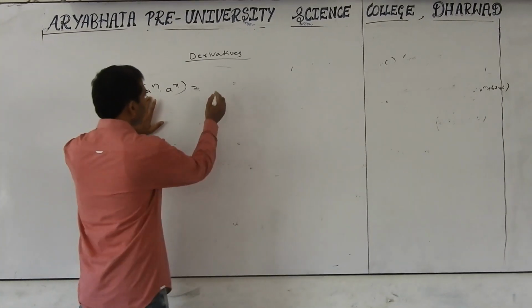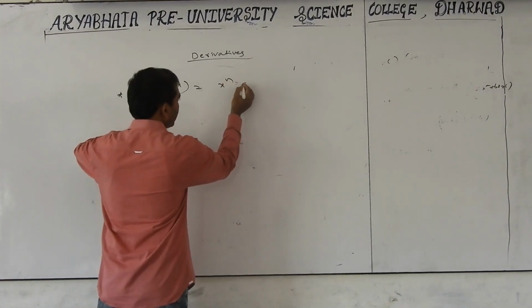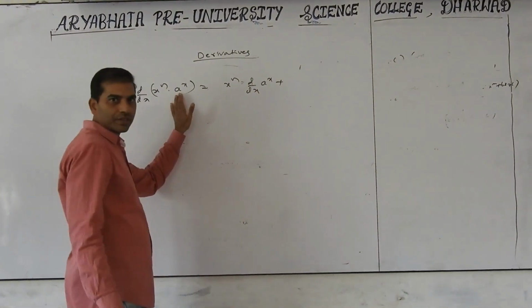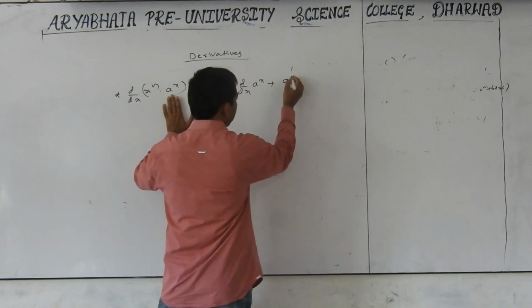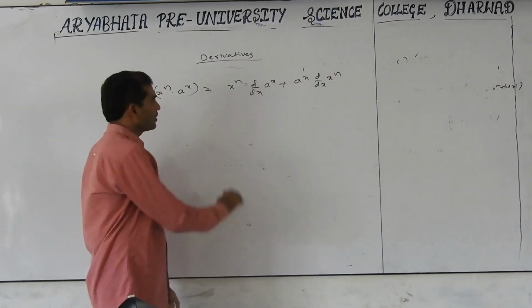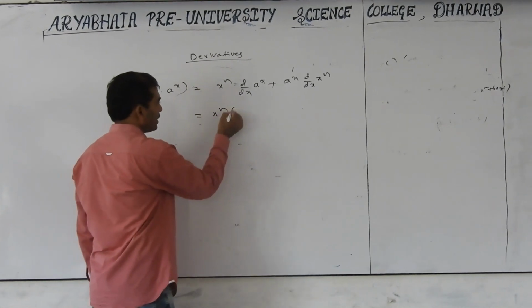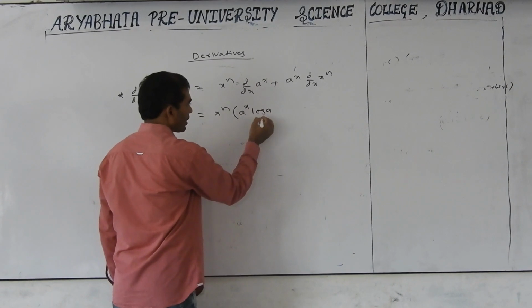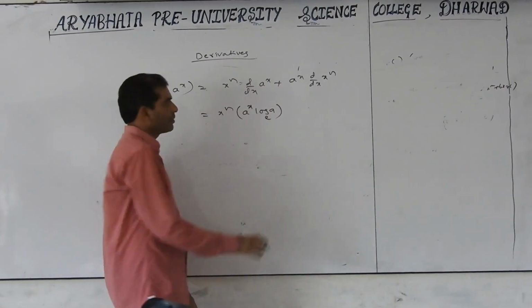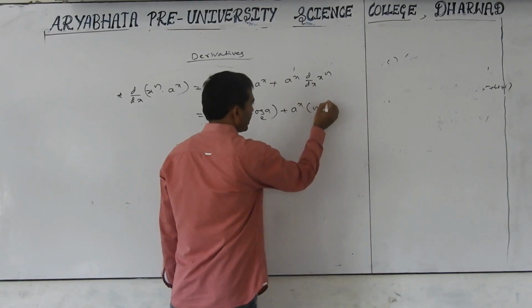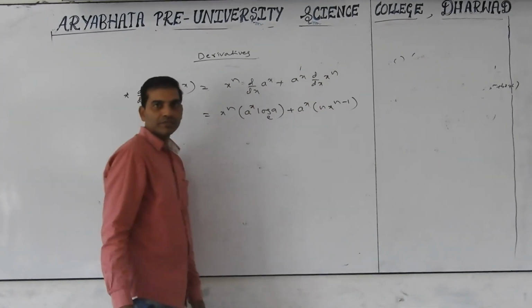Tell me u, x power n, v dash d by dx of a power x, plus a power x into d by dx of x raised to n. For x raised to n, a raised to x derivative is a raised to x into log a base e, plus a power x, and x power n derivative is n into x power n minus 1.